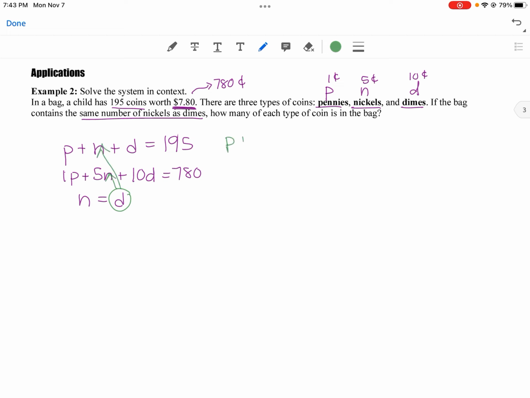So I could write this as P plus D plus D equals 195. That's really P plus 2D equals 195. And same thing in this other one. You have P plus 5D plus 10D equals 780. So as you combine your like terms, you really have P plus 15D equals 780.